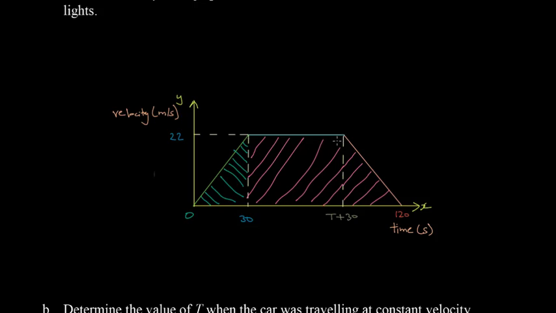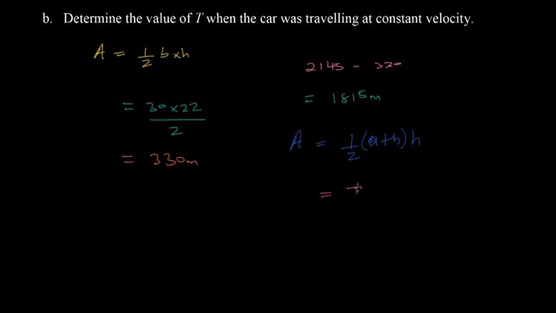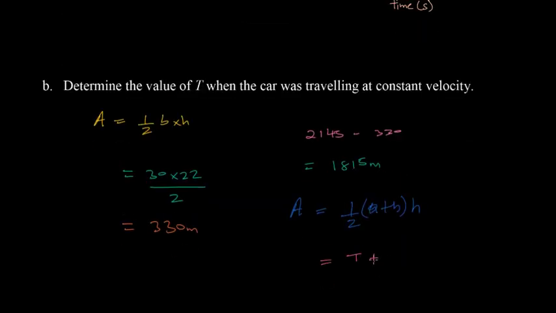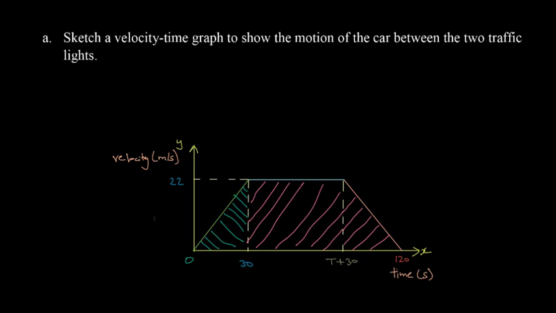So if we subtract 30 from t plus 30, we're going to get t. B would be from 30 to 120, so that's 90, multiplied by the height, which is 22, and we divide that by 2, and that would be equal to the area, which is the distance traveled right here.